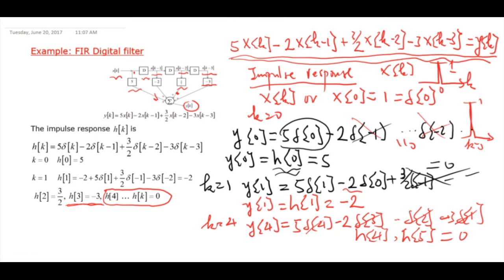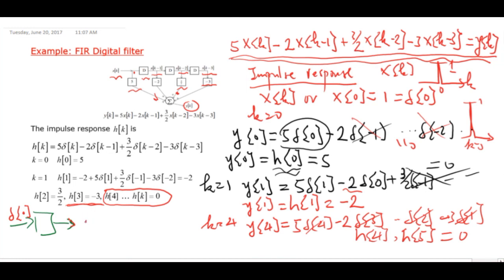So what we can see is, for this system, when we have a delta 0 input, what is the output?